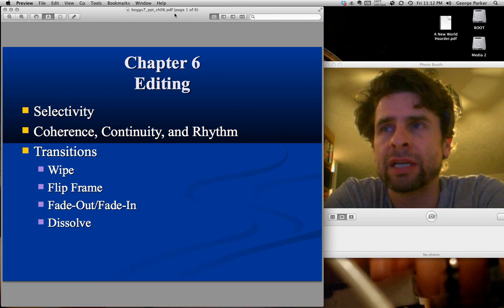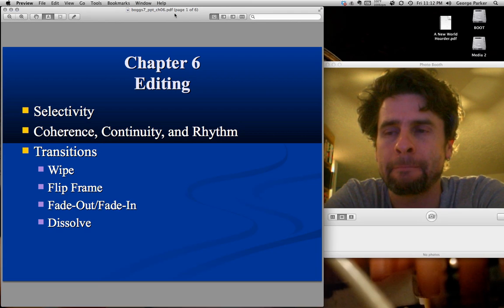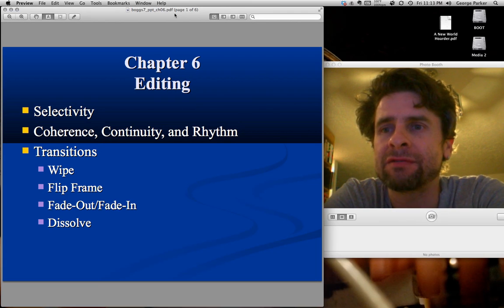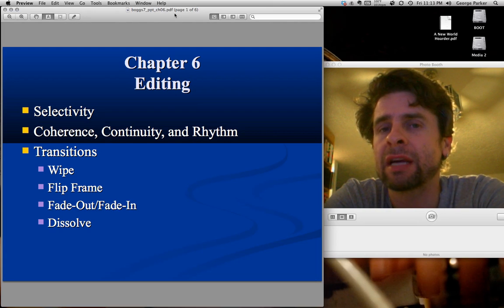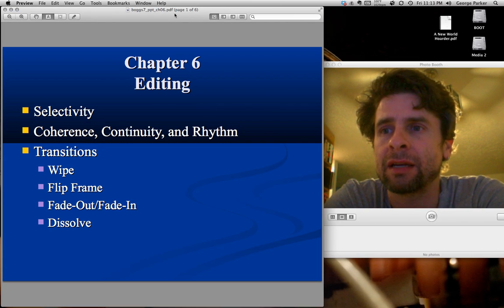The editor is looking at the performance and is the only one actually seeing how these pieces fit together. The director certainly might have an idea, but the editor is actually seeing it cut together from one shot to the next and pieces together a performance that tells the story, in the editor's eyes, as best as possible.